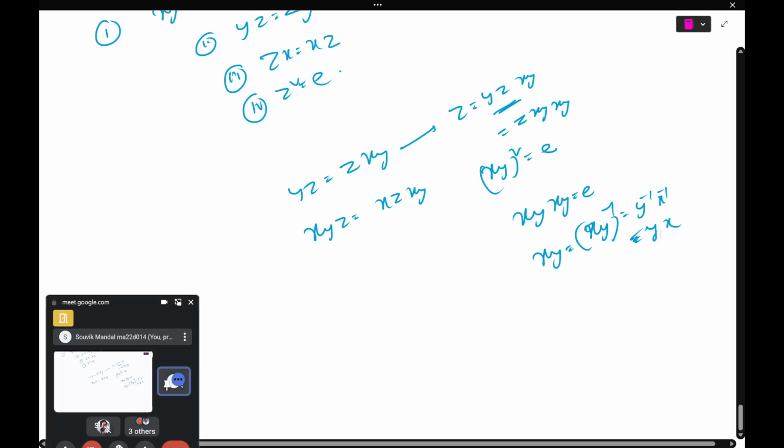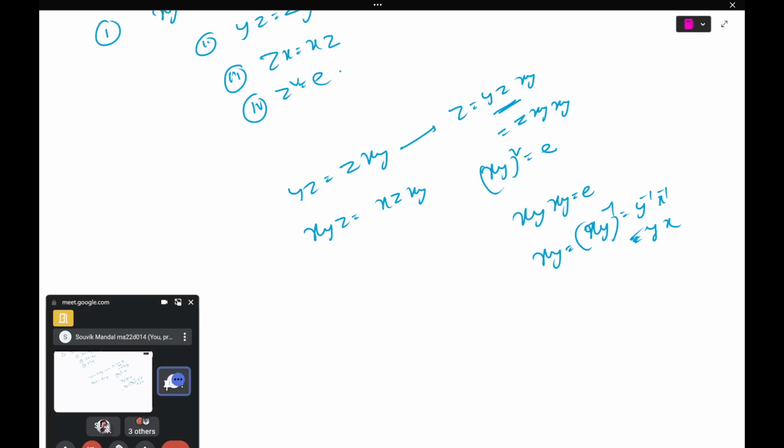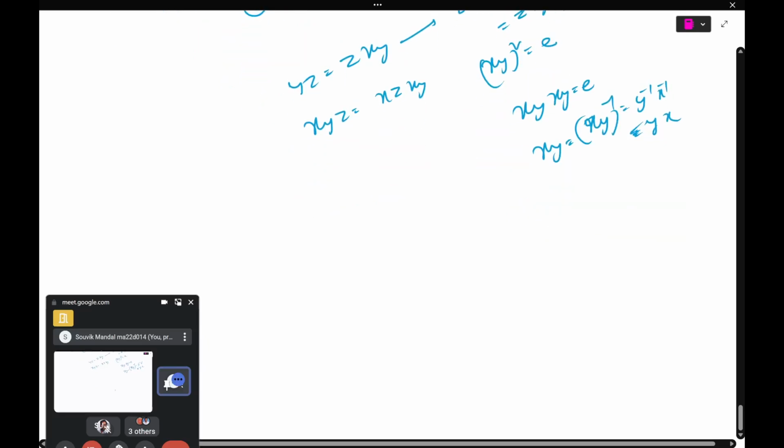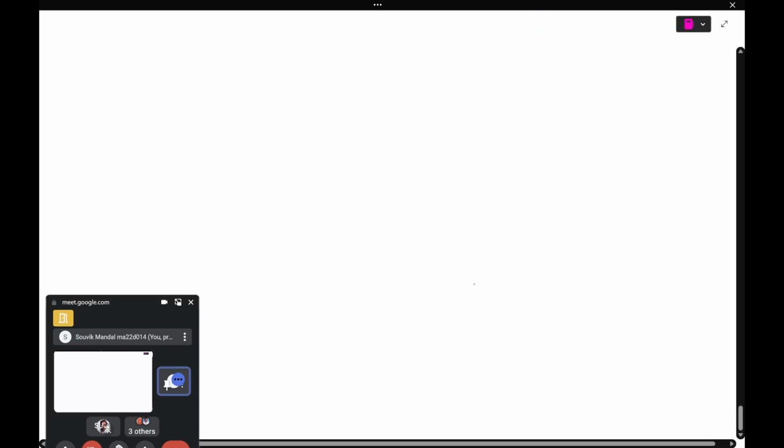Tell how you are getting option 2. Since I am getting option 1, maybe option 2 comes from some other calculation. So let's not get into this.